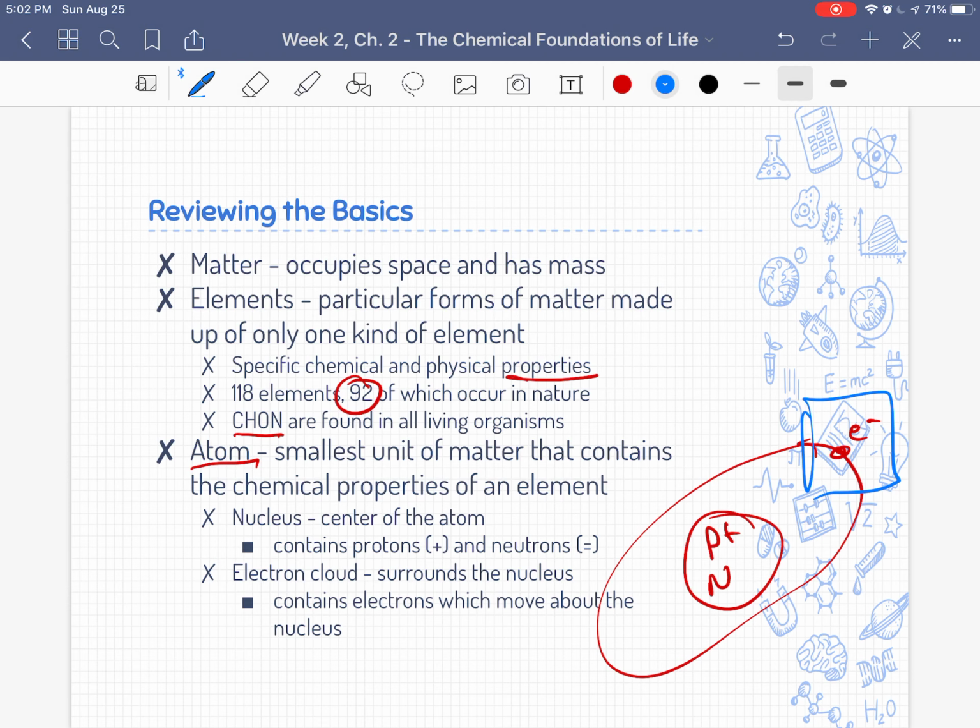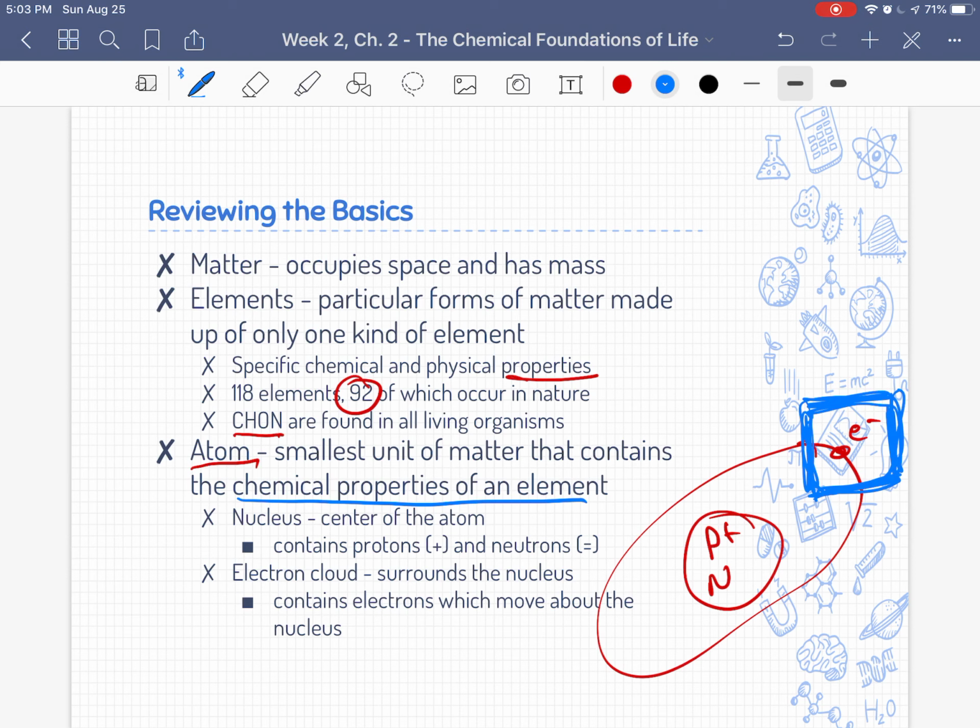We're now only looking at electron properties. We're no longer looking at hydrogen properties or oxygen properties. So if you go smaller than an atom, you lose the chemical property of the element. The atom is the smallest unit that maintains the property of the particular element that it is.